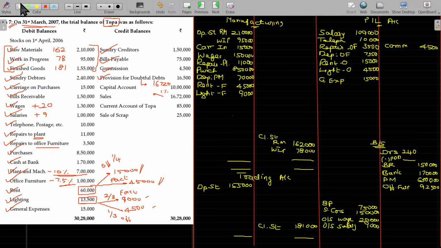Provision for doubtful debts, PDD. PDD given in the adjustment 16,720 minus PDD given in the trial balance 16,500. The amount debited in the P&L account being 220. Then the provision is subtracted from the debtors.